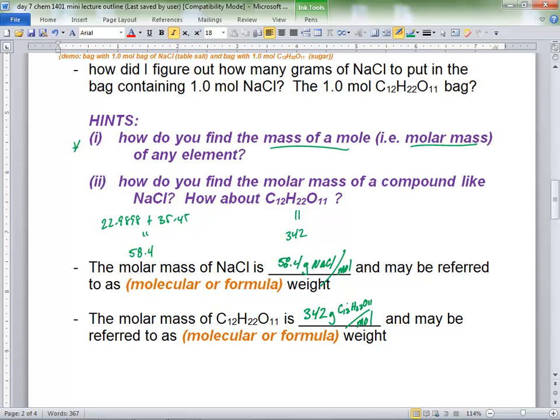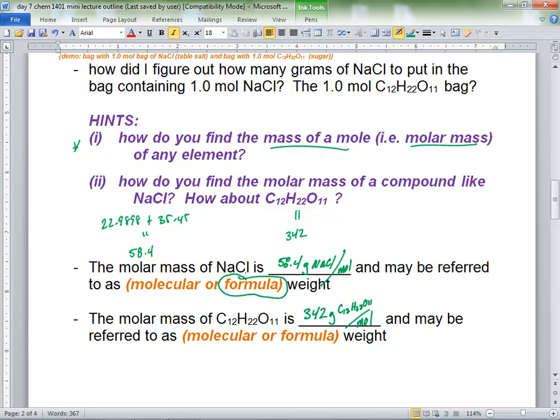Is sodium chloride an ionic compound or a molecular compound? If it's molecular, you don't see a what? Metal. Do you see a metal? Yeah, so this is an ionic compound. So that's a hint. Formula weight. They're just sticklers. That's job security with terminology. Just use molar mass, though.